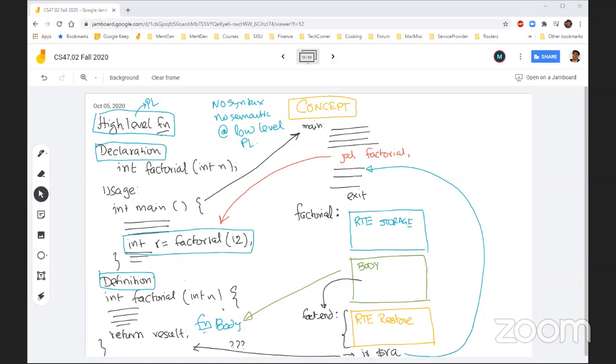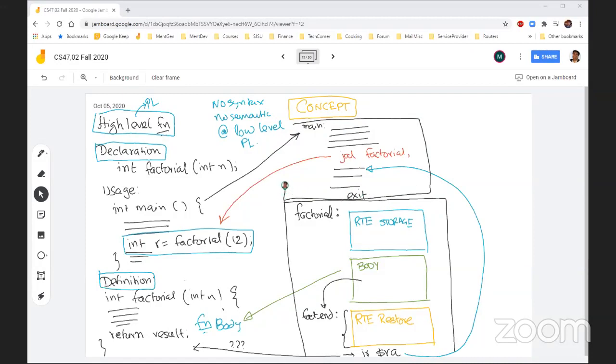So see, there is nothing special about writing a function semantically or syntactically at the low level program. It is only by conception that you are segregating and differentiating between parts of the body. But labels and all this stuff are pretty generic.